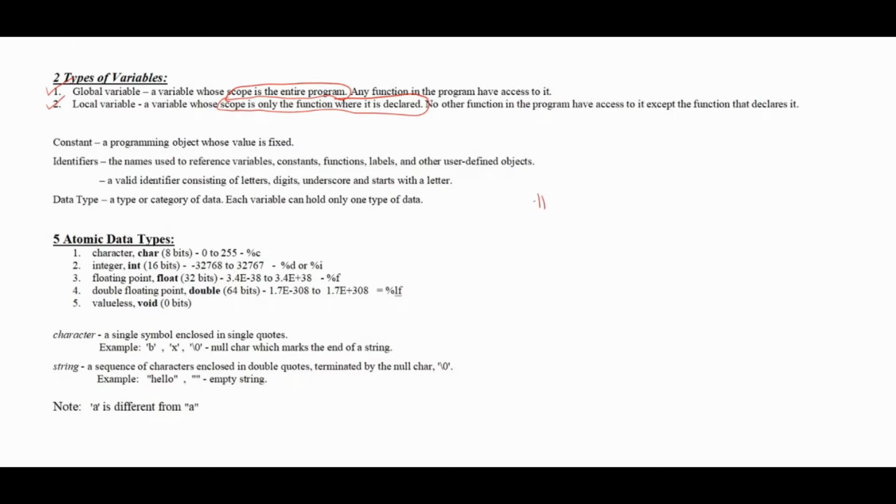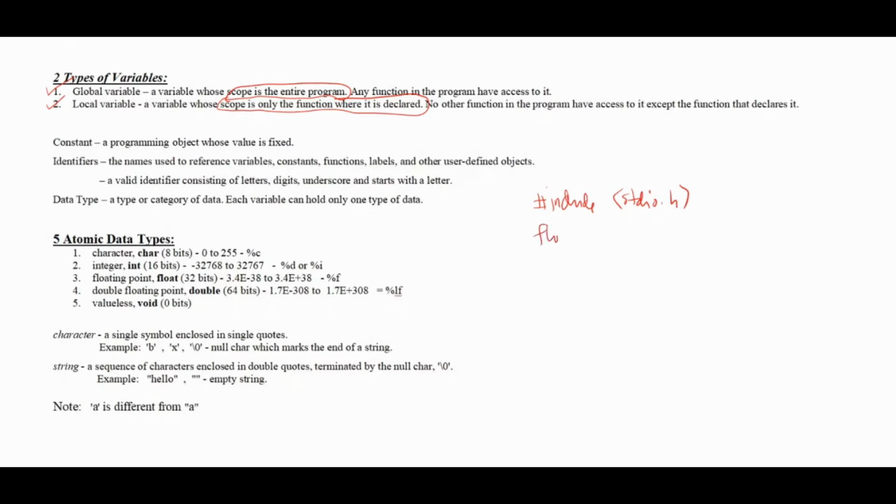Okay, so let me give you an example of these two types of variables. Say we have here a program. So for our header file, we would say #include <stdio.h>, and then we declare here variable area.